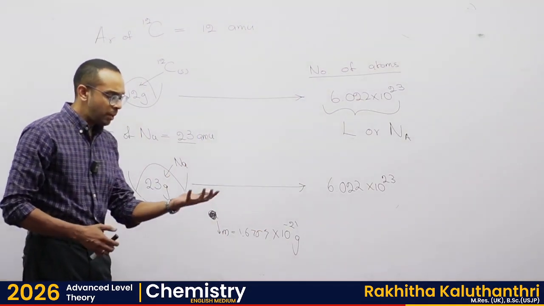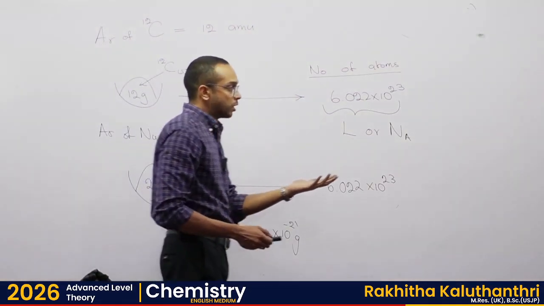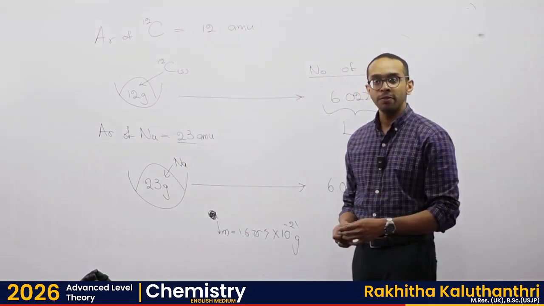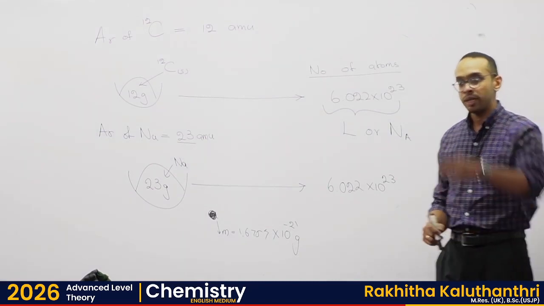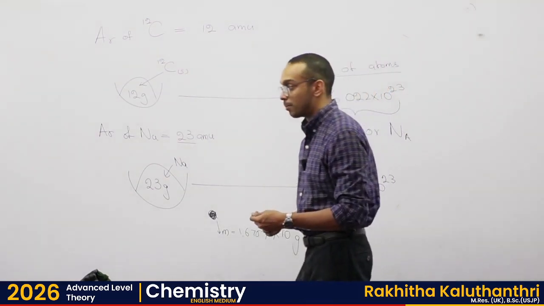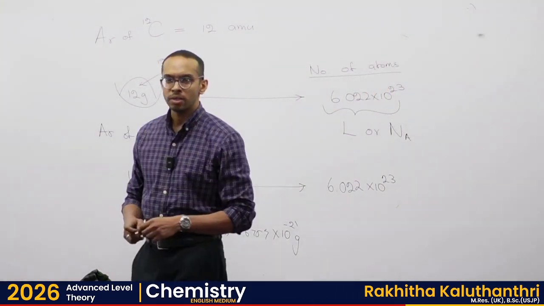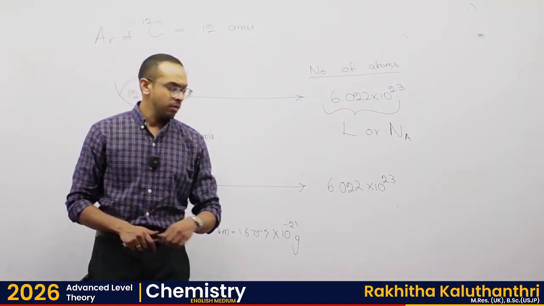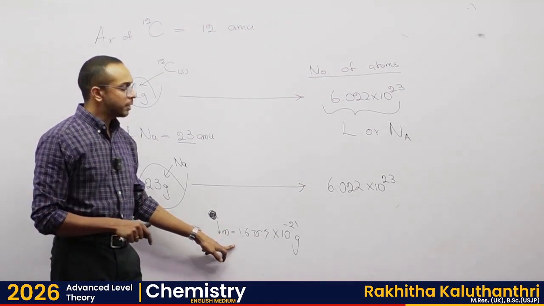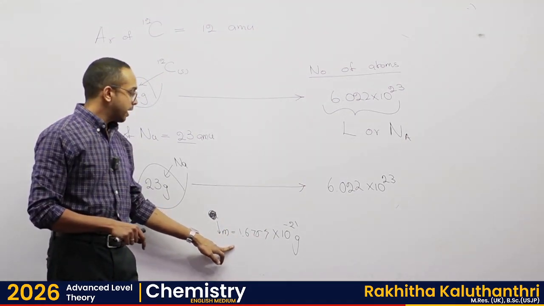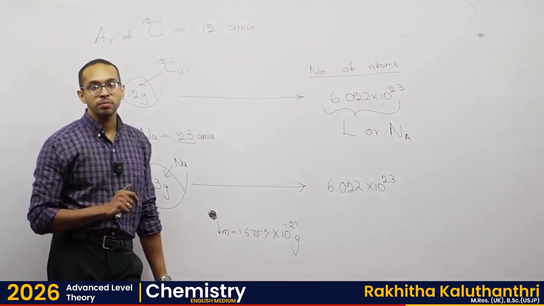Now imagine I have given you a total of 46 grams of sodium. I ask you, without a calculator, tell me how many atoms are there. This is the mass of one single atom of sodium. Work out how many atoms of sodium are there in 46 grams.